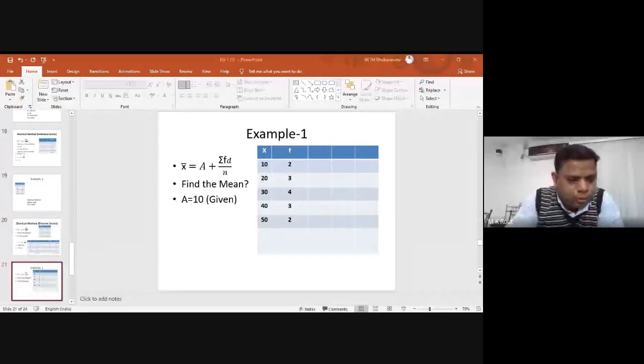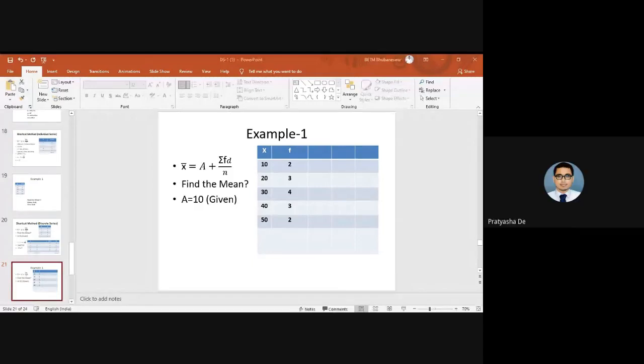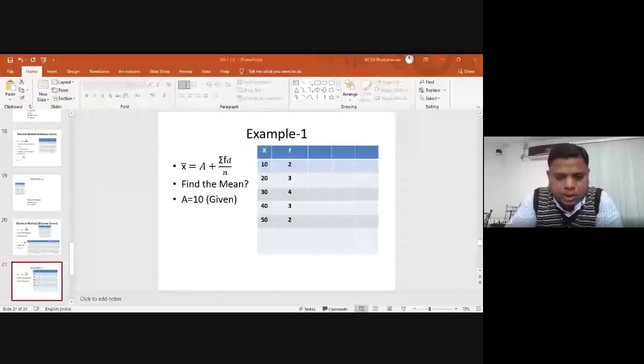Pratyash, are you solving? Yes, sir. Okay, Sakshi, correct answer. Priyadesh, correct. Shivanjana, correct answer. Preeti, Pragyanandat, correct. Pratyasha Raut, correct.